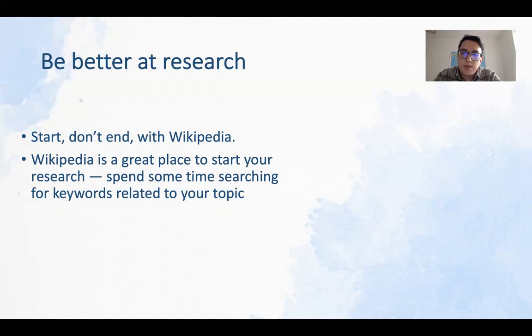Spend some time searching for keywords related to your topic. So Wikipedia is good for you to get familiar with the topic, the keywords, and all these small pieces of information, and have an overall view on your research or topic.